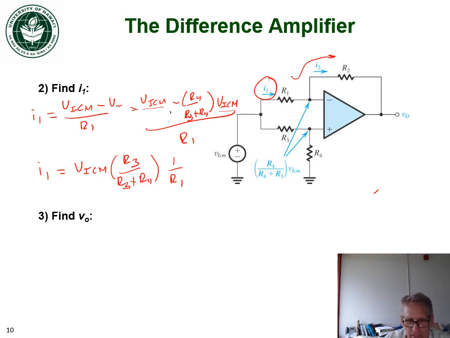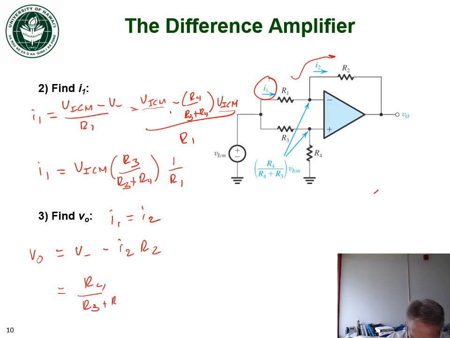So next step is to find V out, and I1 would equal I2. All right, so all the current, and so we can write that V out is equal to V minus minus I2 R2, which is equal to R4 over R3 plus R4 times V input common mode minus I2 R2.